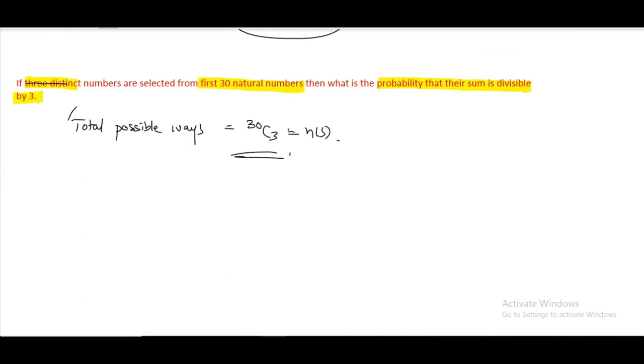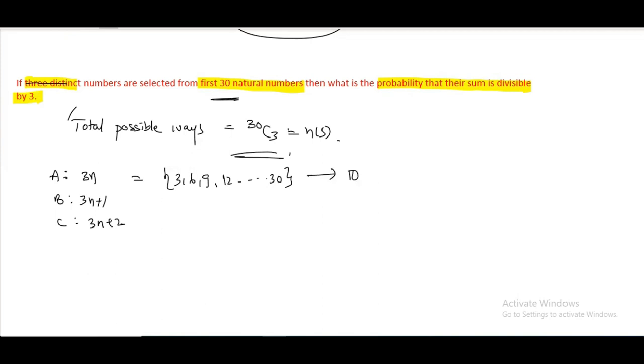Now, see, the sum of the 3 numbers should be divisible by 3. So how can we take them? Let's see which kind of numbers we have. Out of these first 30 natural numbers, some are of the form 3n, some are 3n plus 1, some are 3n plus 2. 3n means 3, 6, 9, 12 up to 30.